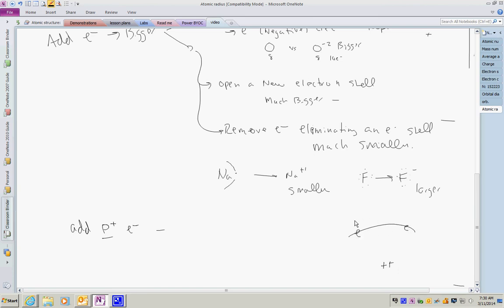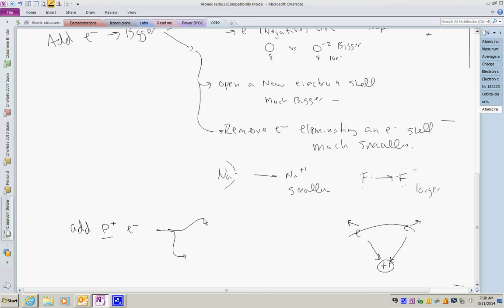Even though these electrons are slightly repelling each other, it is not able to overwhelm the positive charge building inside here, and it will get smaller.